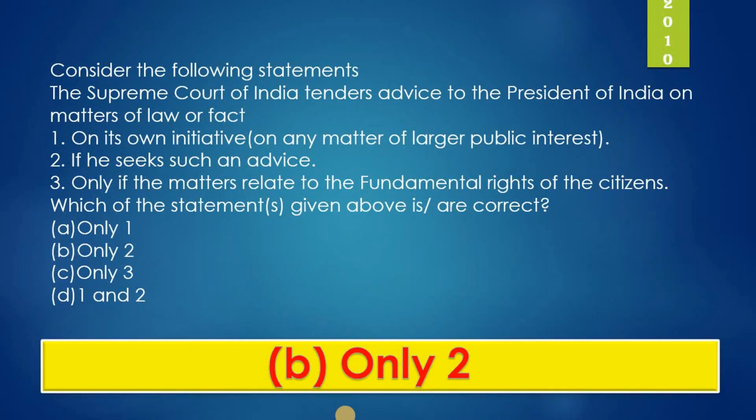Okay, and basically the President may, notwithstanding anything in the provisions of Article 131, refer a dispute of the kind mentioned in the said provisions to the Supreme Court for opinion, and the Supreme Court shall, after such hearing as it thinks fit, report to the President its opinion thereon.